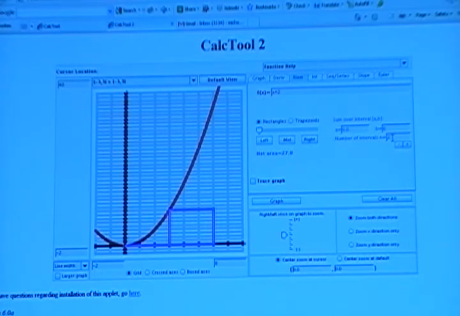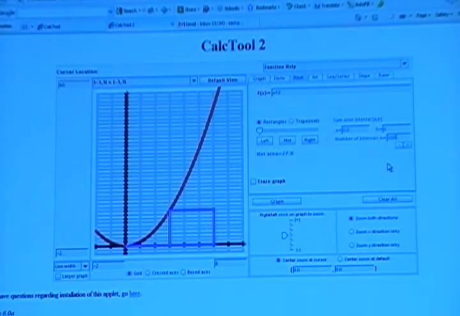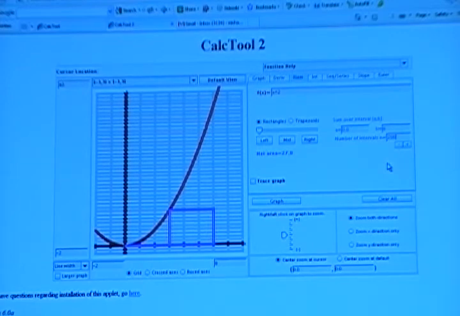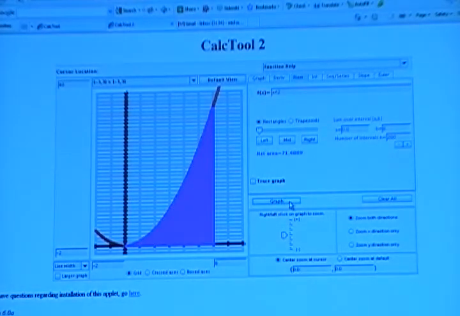So why don't we just bounce up to 200 real quick, because as you get a sufficient number of rectangles, the different methods of estimating these integrals become more accurate, and they also become closer to each other.